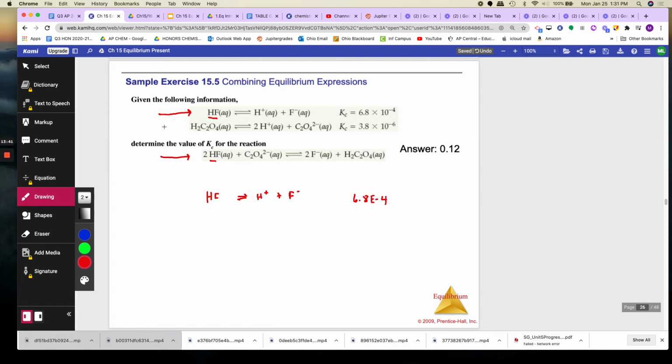Okay, now look at the second reaction. It looks like this needs to be on the product side, right? So what I'm going to do to this is I'm going to flip it. I'm going to reverse this reaction. This one I did nothing for now. So I reverse this one. So I'm going to take this H2C2O4 and I put it on the right side.